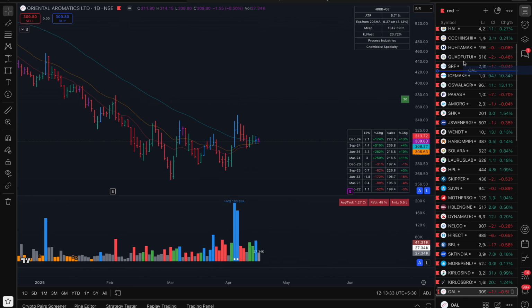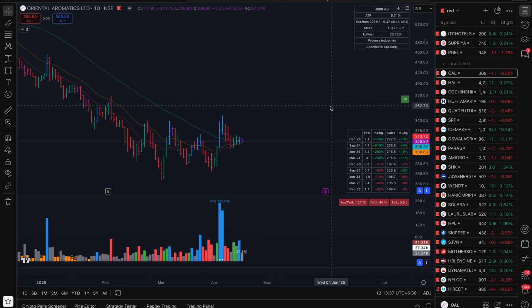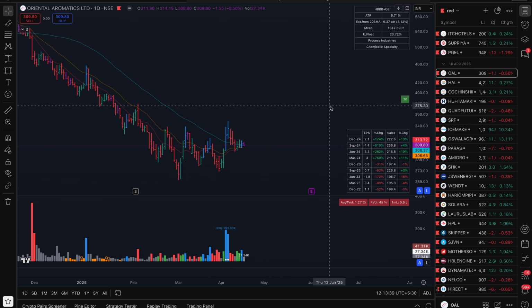This kind of structure or name is good if someone already has a fundamental inkling for the stock. This is more so for long-term traders who know that maybe OAL is now turning around. A quick look at the EPS and sales numbers also gives me a very good feeling.